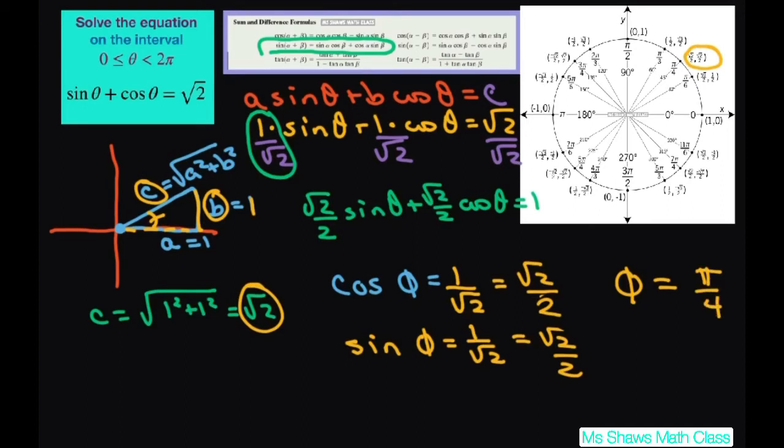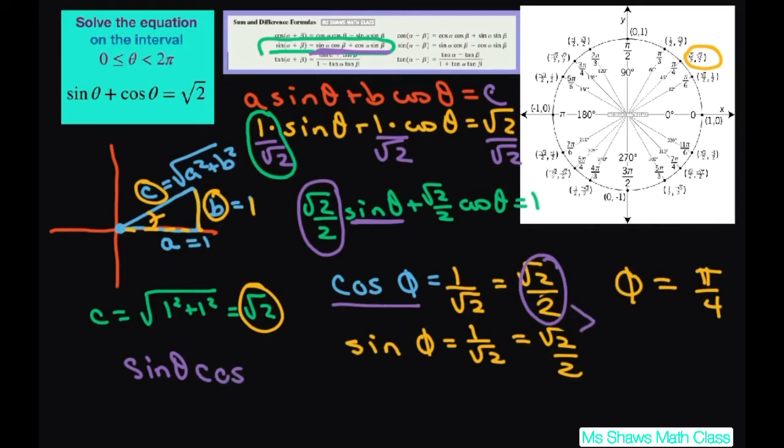Now that you have this, we can write this as a sum of our angles. So you copy down sine of theta. Square root of 2 divided by 2 is going to be here. It's kind of hard because they're both the same, but that's going to be cosine of phi. Then you put your plus, and then we have cosine of theta.